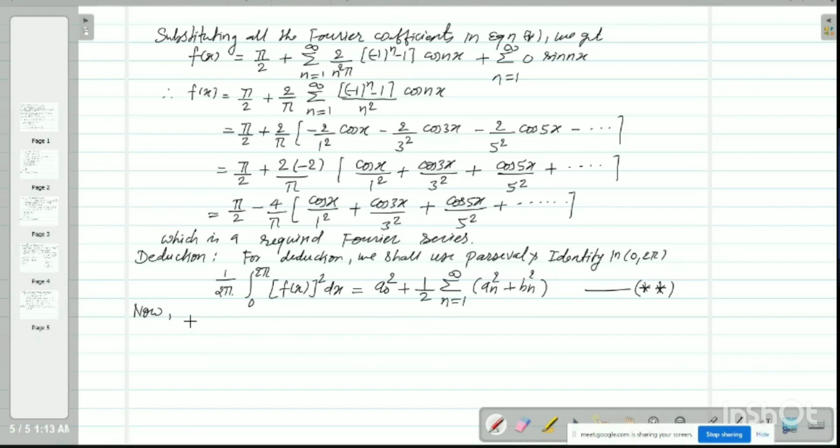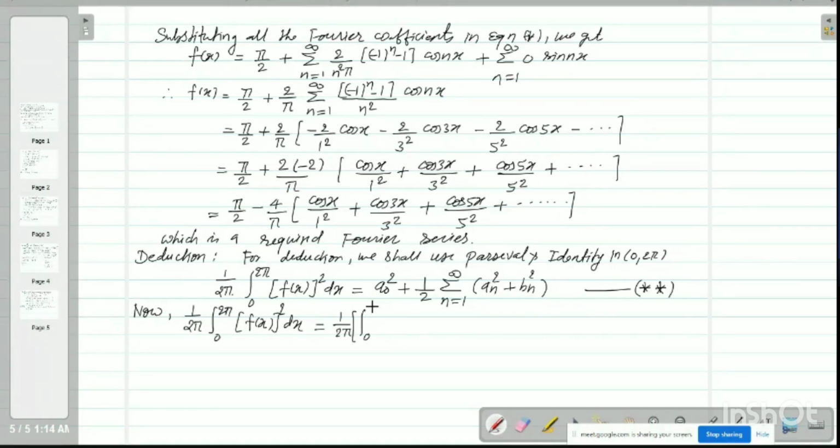Now we take the left hand side: 1 upon 2 pi integration of limit 0 to 2 pi of your function f of x the whole square dx. This equals 1 upon 2 pi, and now we split the function into two parts.